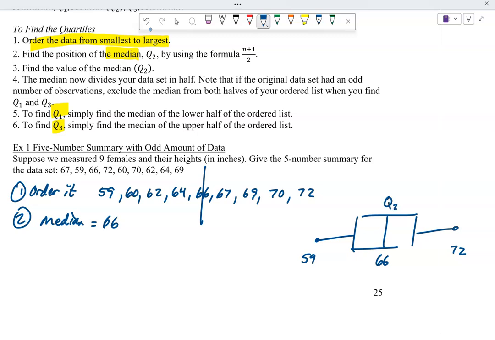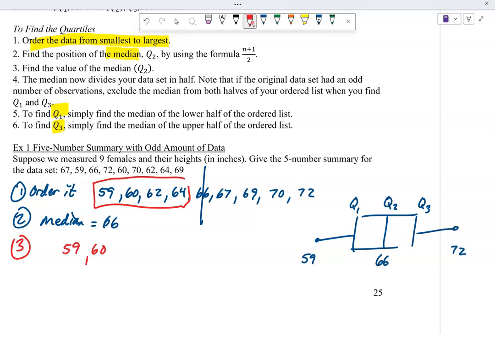So now what we're looking for is the first quartile and the third quartile, those numbers. Well, since we've split it into 2 halves, what we have on the bottom half is 59, 60, 62, and 64. I'm just looking at this data now for quartile 1.